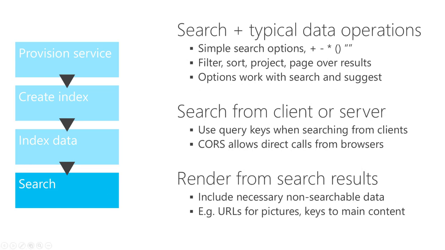Finally, in the search part, there are several options. You can filter by using operators such as star, plus, minus to discard some results. You can filter, you can sort, you can project information, or even page over results.